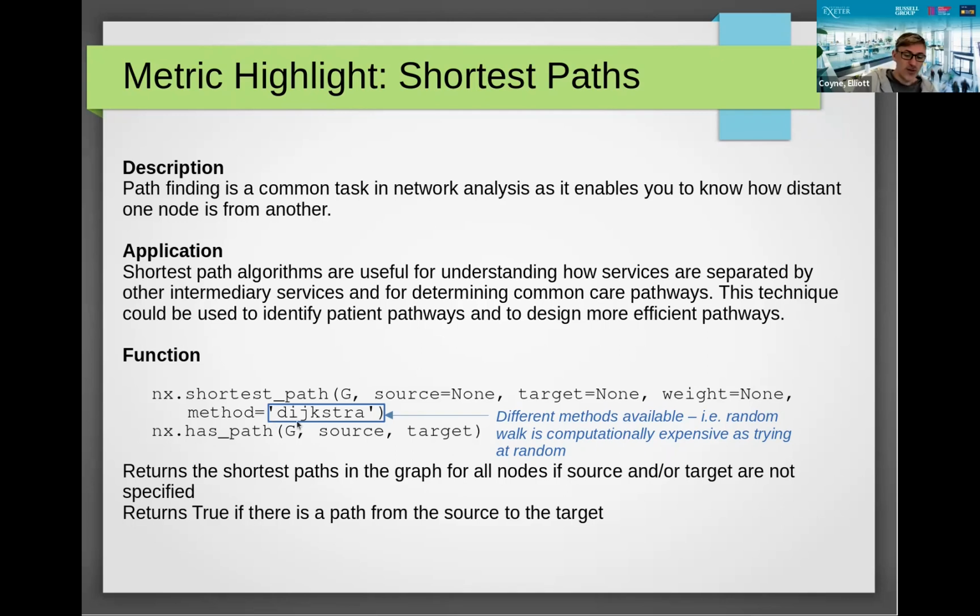Again, apologies for the pronunciation this morning. More information is available about those in the documentation. When you have a play with some Game of Thrones data shortly, I would encourage you to look at the documentation, see what else is available, and see what the differences between the different methods are.